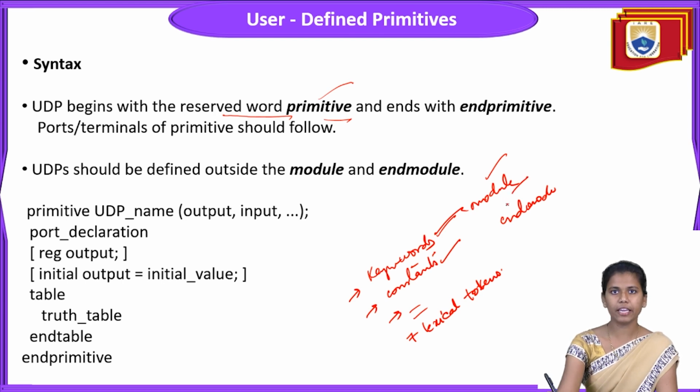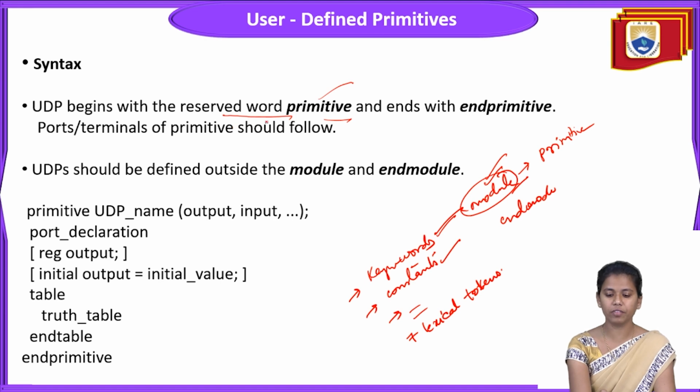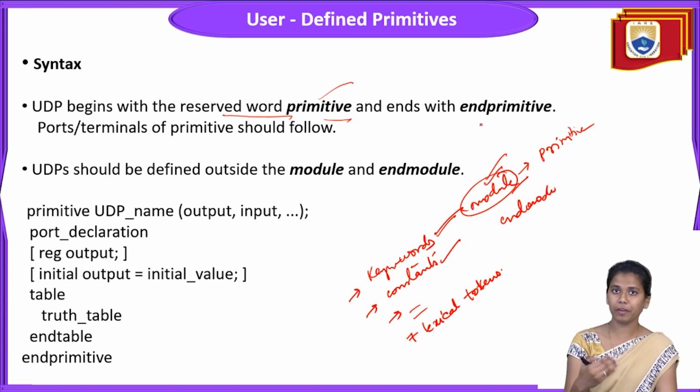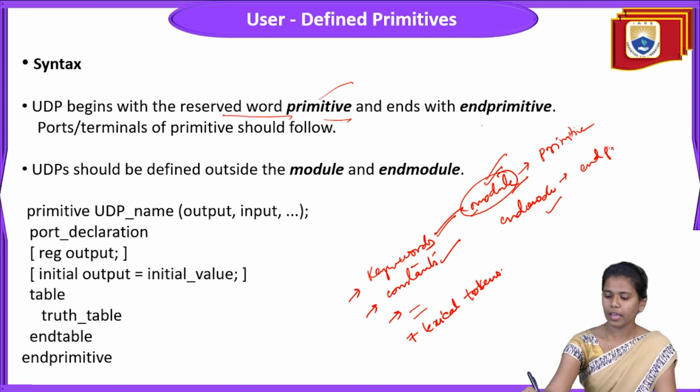Module is a basic keyword where we instantiate a program. In UDPs, instead of module, we use primitive. Primitive is a reserved word, and it ends with endprimitive. Earlier we started with module and ended with endmodule; here we start with primitive and end with endprimitive.